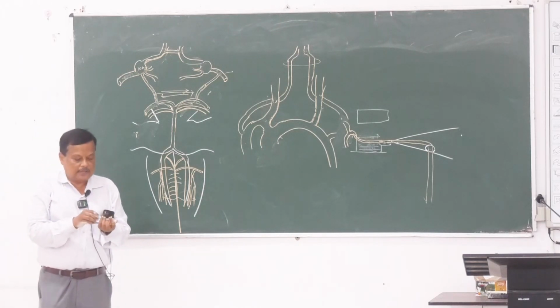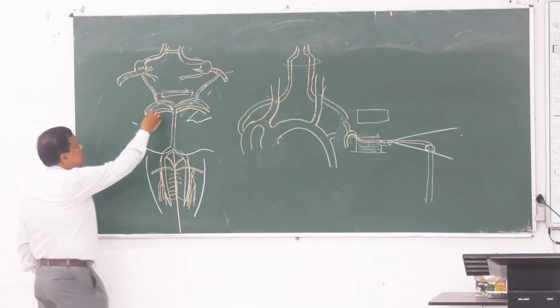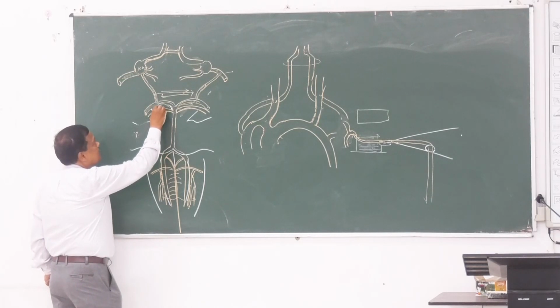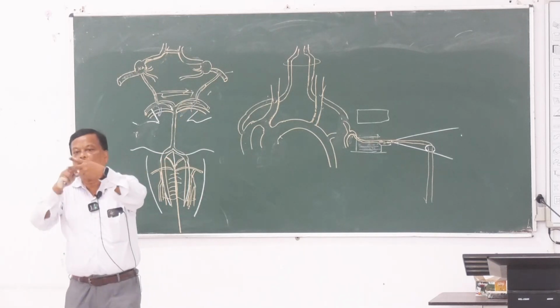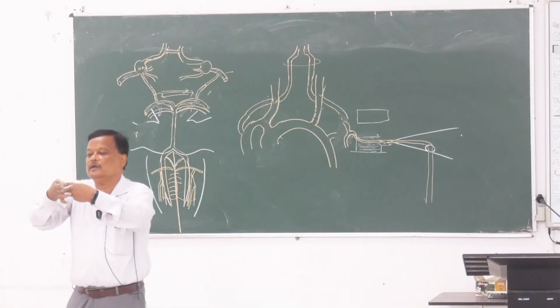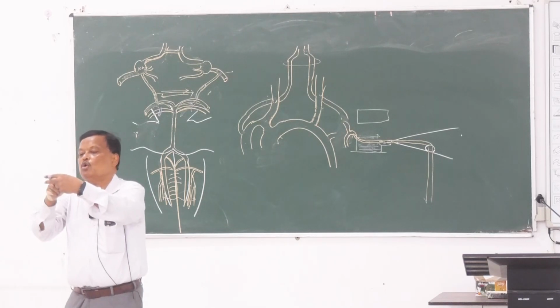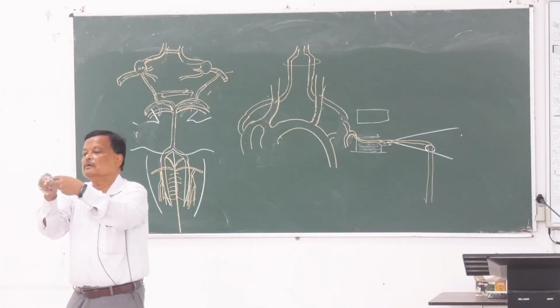Another important thing is that between the posterior cerebral artery and the superior cerebellar artery, the oculomotor nerve, sometimes the trochlear nerve, lies in between.